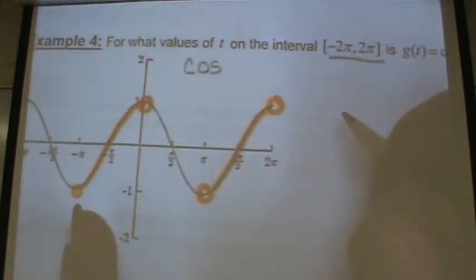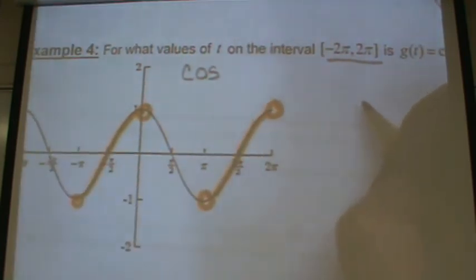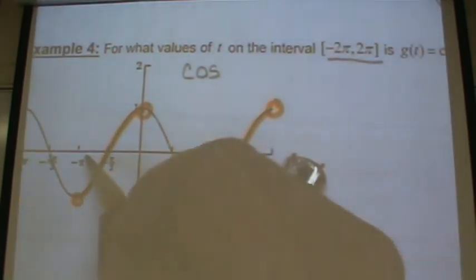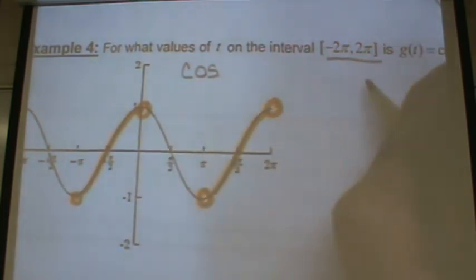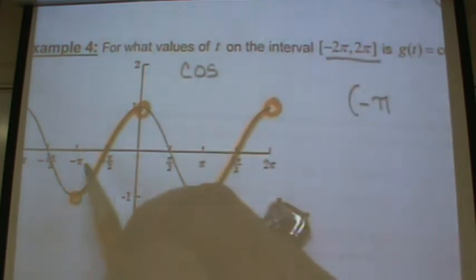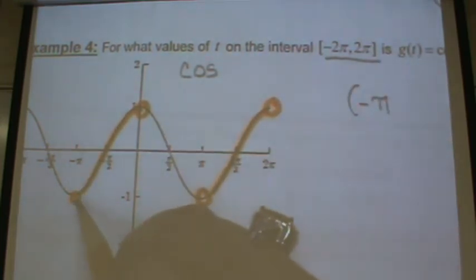You always start at the smallest. Should I put a bracket or a parenthesis for this number right here? A bracket? No, we're going to use a parenthesis, because it's not increasing or decreasing, it's nothing right there.